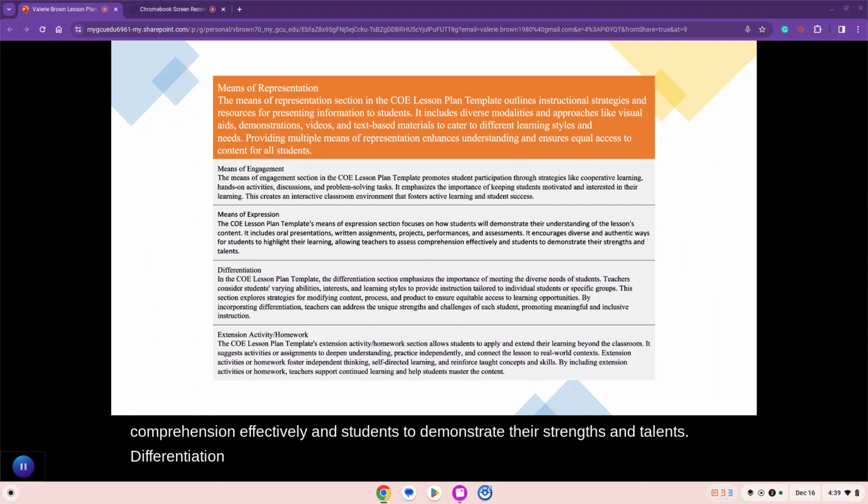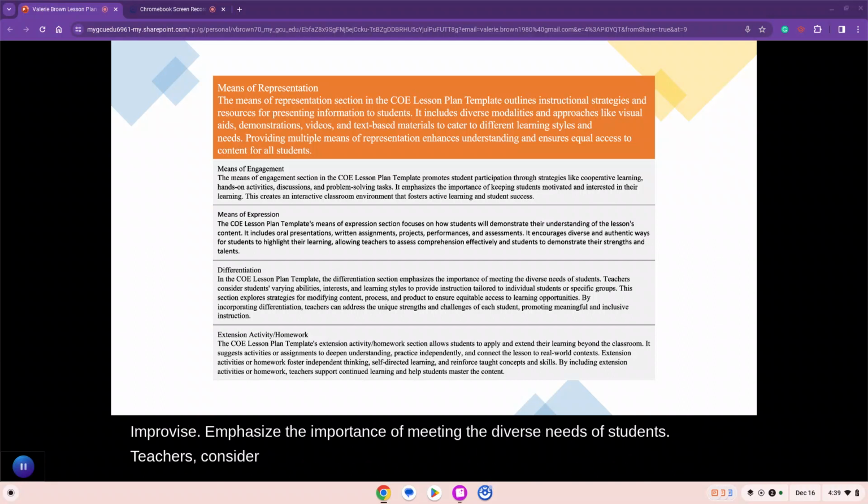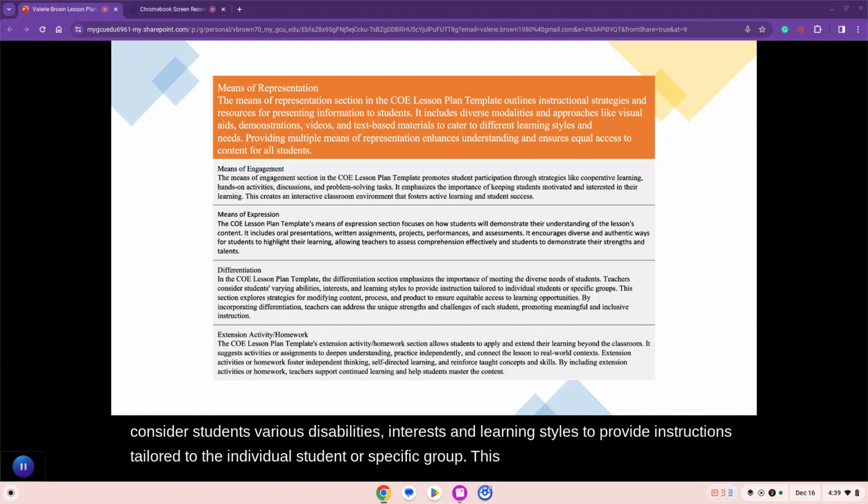Differentiation. This is another term that is very important. Differentiation emphasizes the importance of meeting the diverse needs of students. Teachers consider students' various disabilities, interests, and learning styles to provide instruction tailored to the individual student or specific group. This section explores strategies for modifying content.